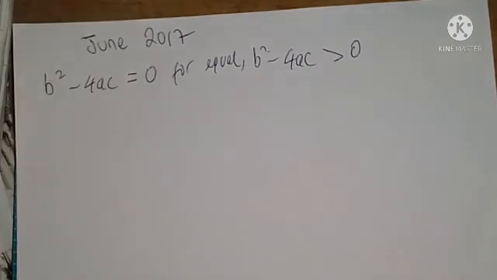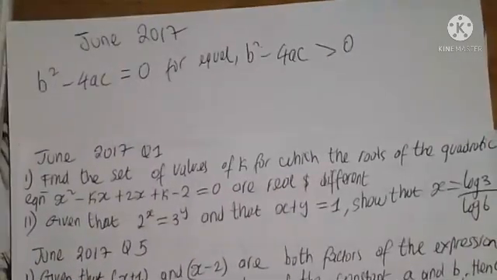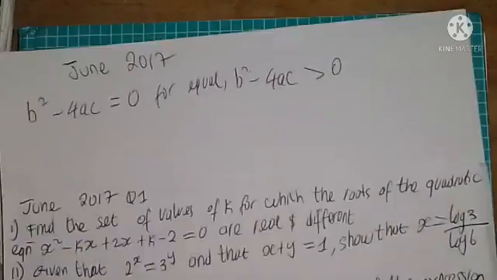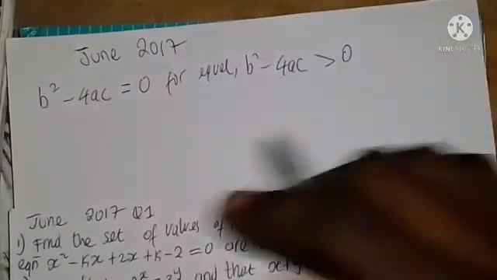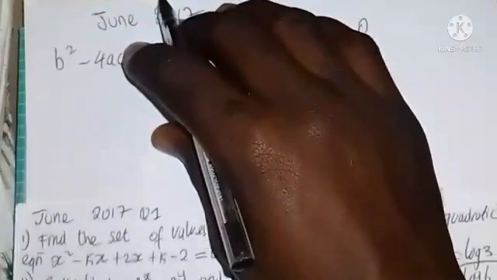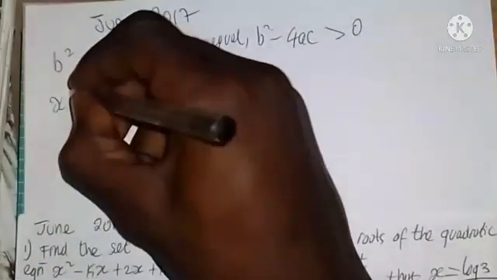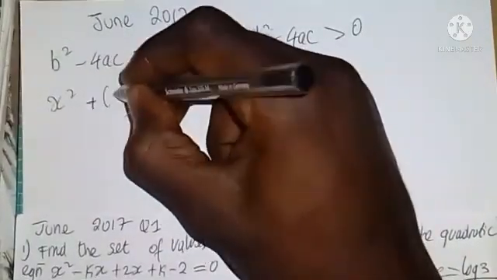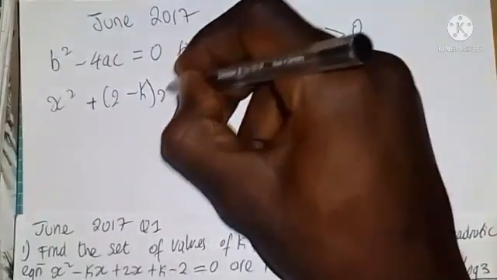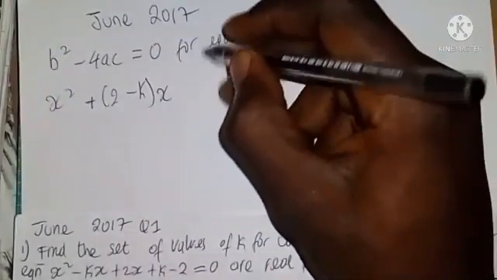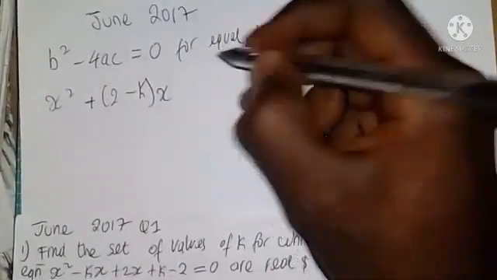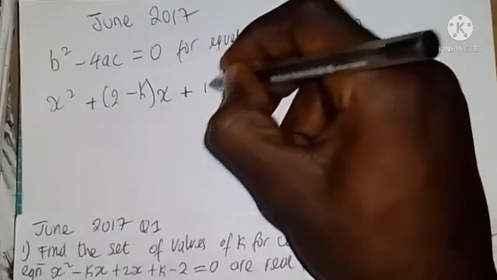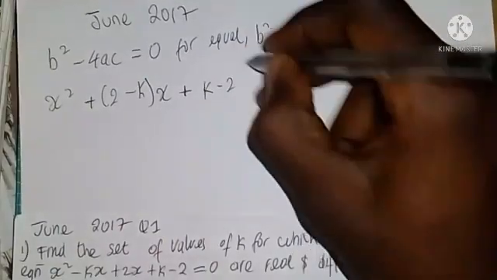Now, from our equation here, I'm going to look for the value of the discriminant. Let me just rearrange the equation which we have from the question. It's going to be x squared plus 2 minus k into x plus k minus 2.